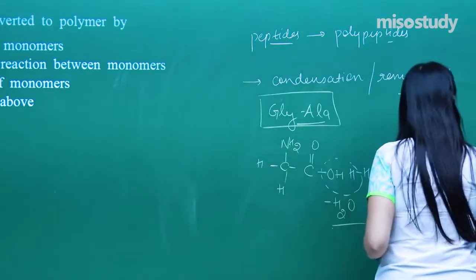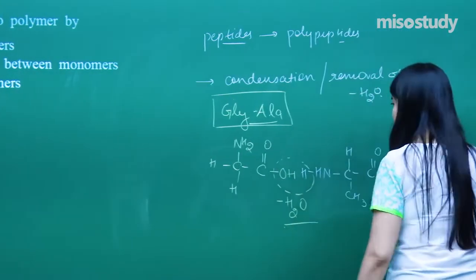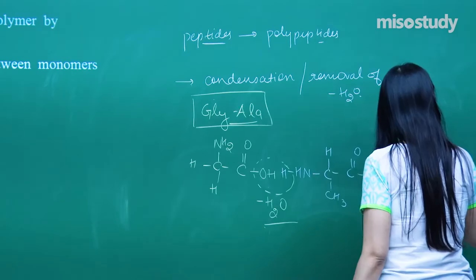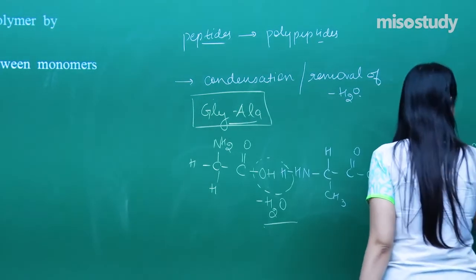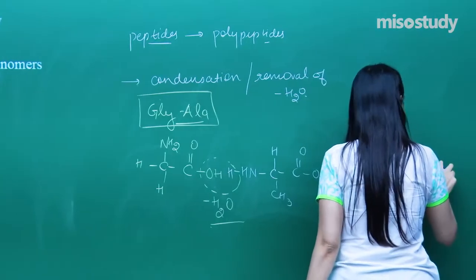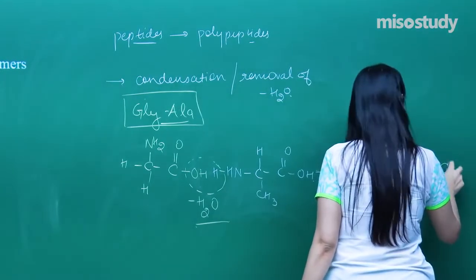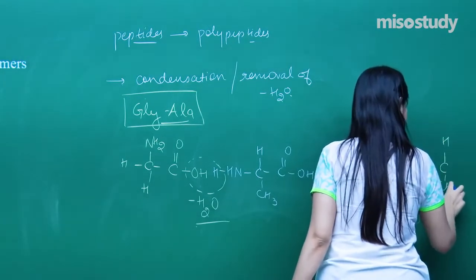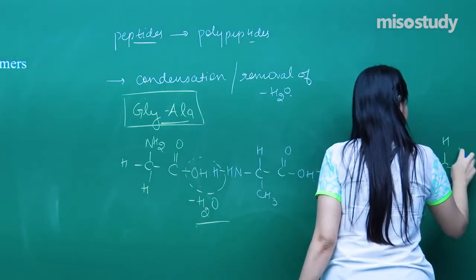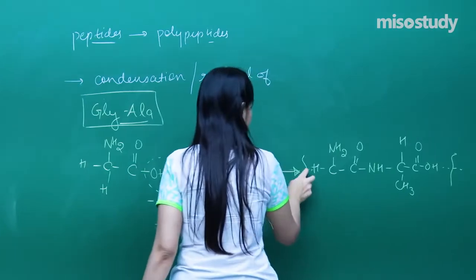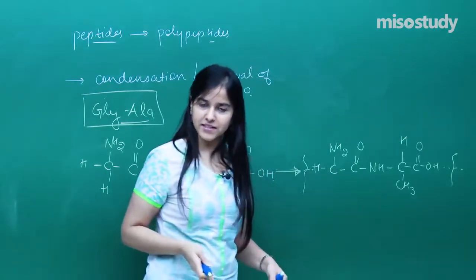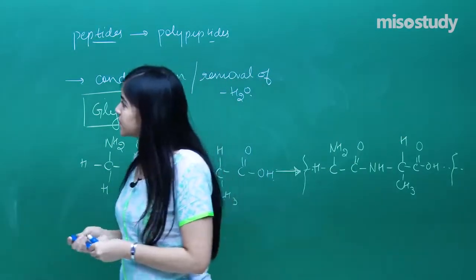So that is what we have over here. It would be glyala, and so on and so on. So that is how the connection is made. I hope everybody is clear with it.